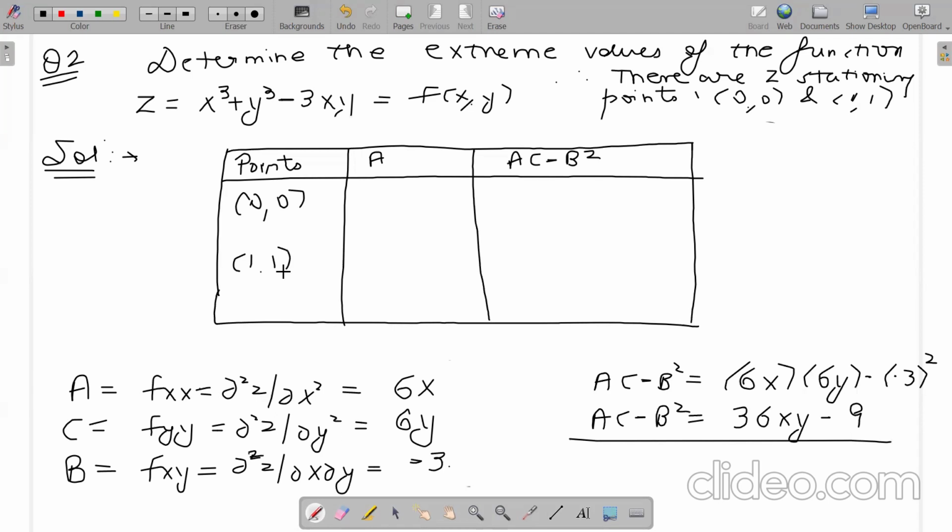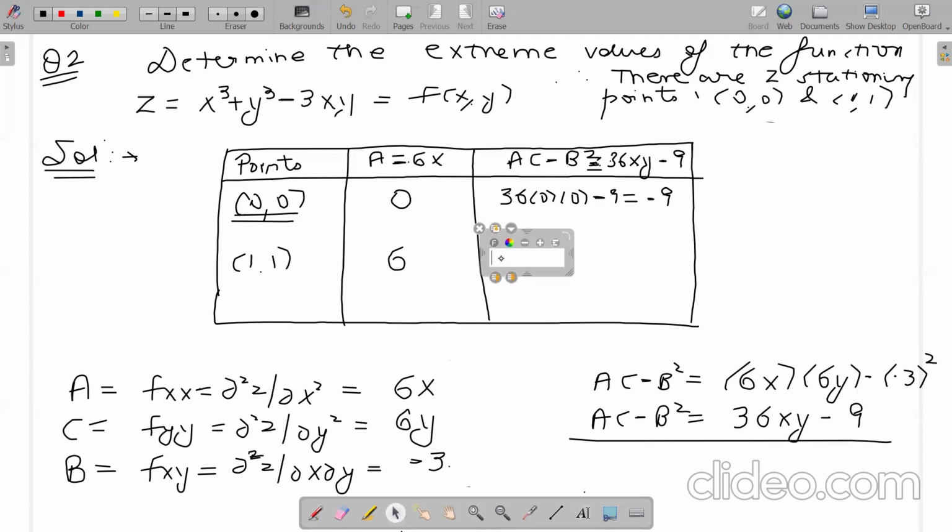And A was 6x. So put 0, 0, this is 0. Put 1, 1, it's 6. And AC minus B square is 36xy minus 9. So put x and y both as 0. So this is 36 into 0 into 0 minus 9, which is minus 9.